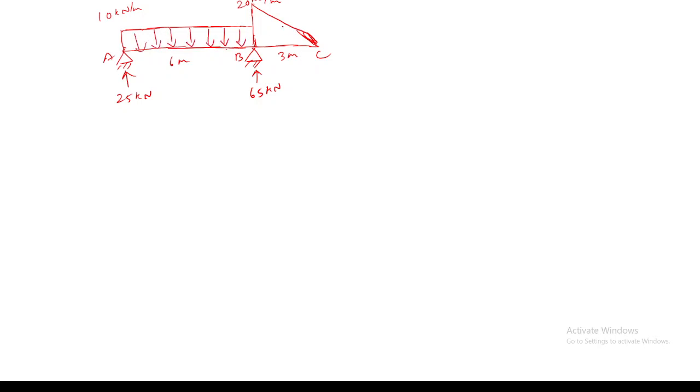What I will be finding out right now is the shear force at any cross section between AB, from x equals 0 to x equals 6. Here I am taking this as x equals 0, the origin, and this is x equals 6.